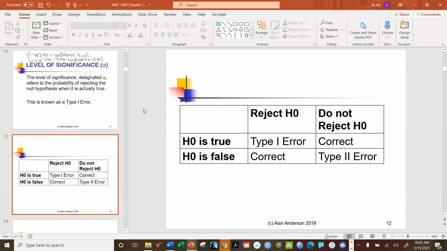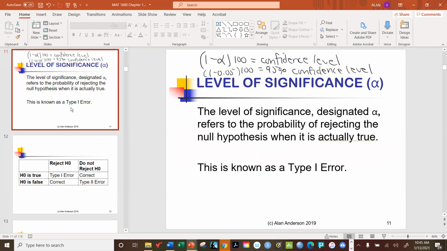So with all that being said, the alpha, the level of significance, can be interpreted as the probability of committing a type 1 error.